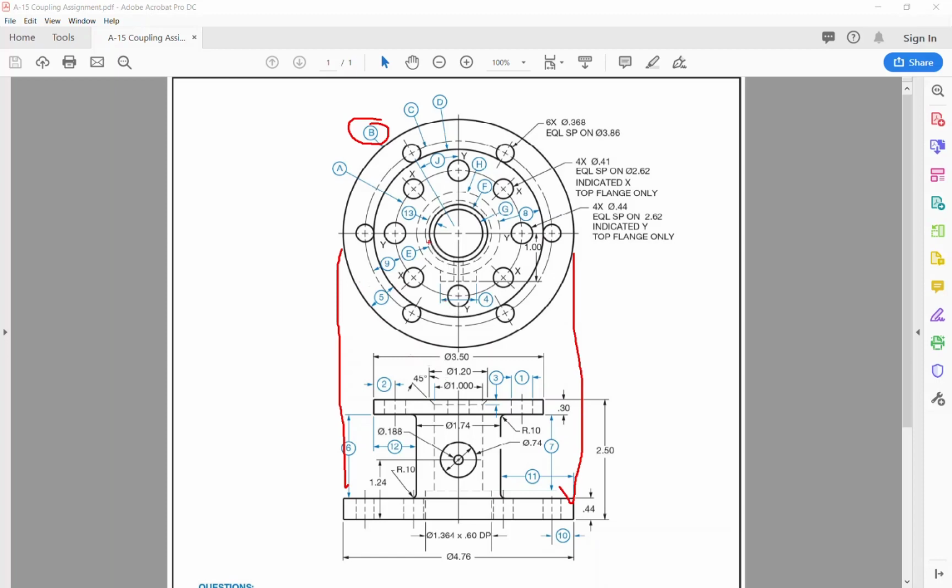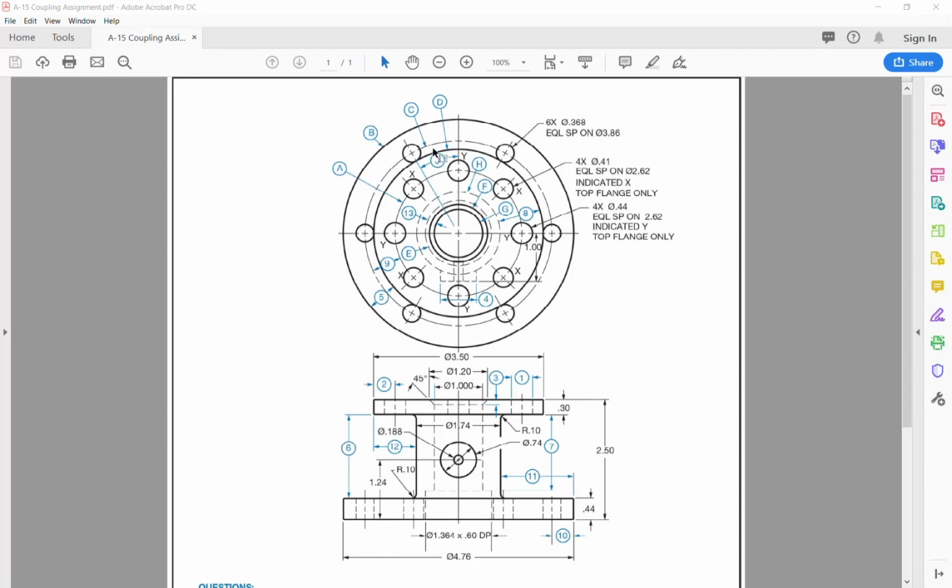There are mostly circular features, but we still need to use a ruler to use the multi-views to help us find the information. What we find is that we track this down to the bottom view. The size of diameter B is 4.76. So this is diameter B right here, 4.76 inches.